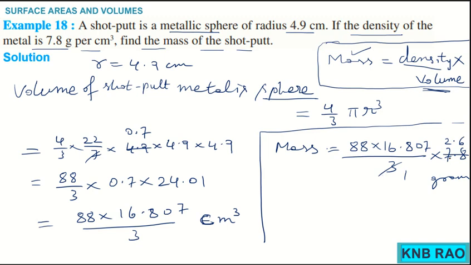Why? Because 3 cancels this. Now I will go for finding the product of 88, 16.807 and 2.6. So 2.6 and 88, when they are multiplied, you will get 3845.4416 grams.